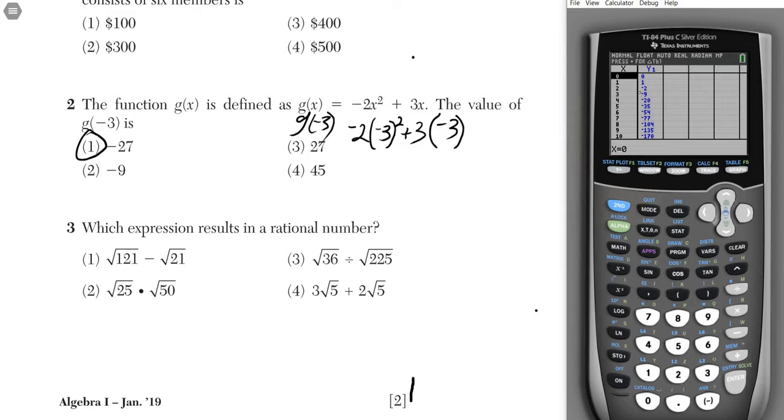Uh-oh. Did I make a mistake somewhere? -2x squared plus 3x.